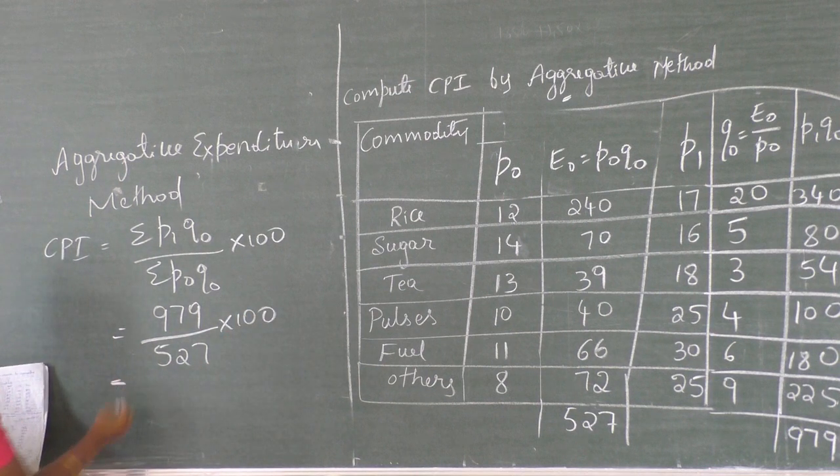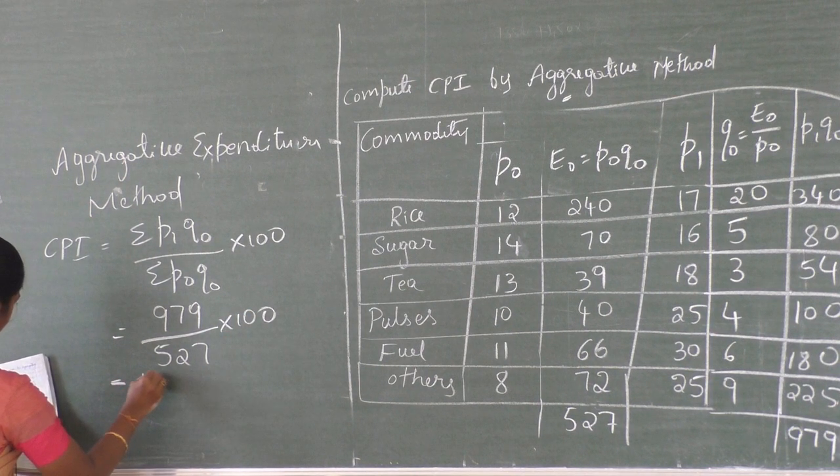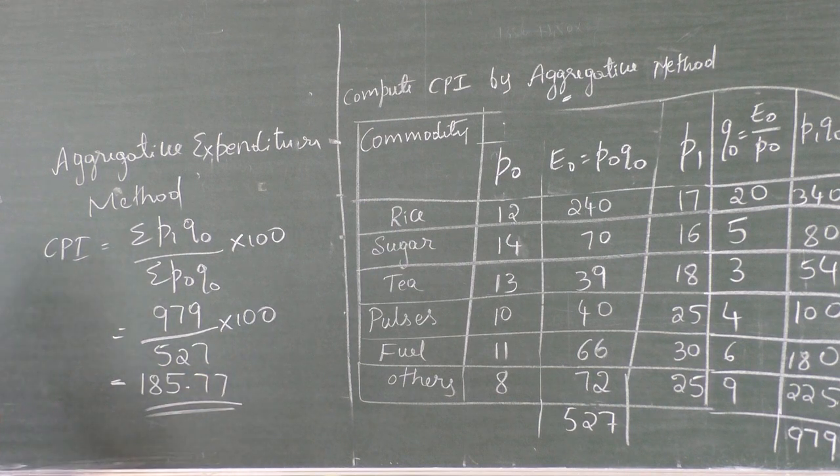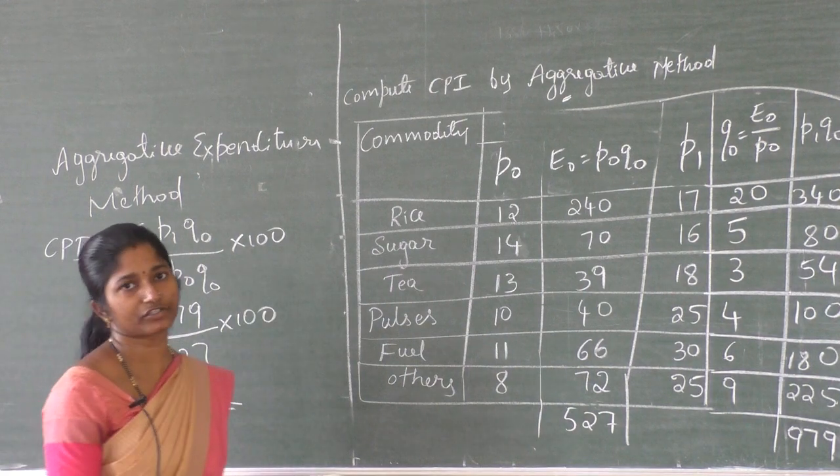We get the answer 185.77. This is the aggregative expenditure method.